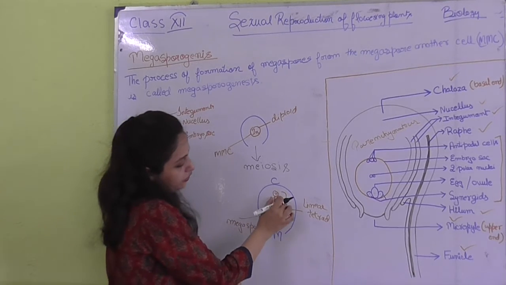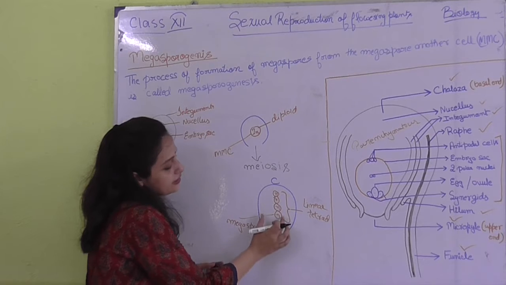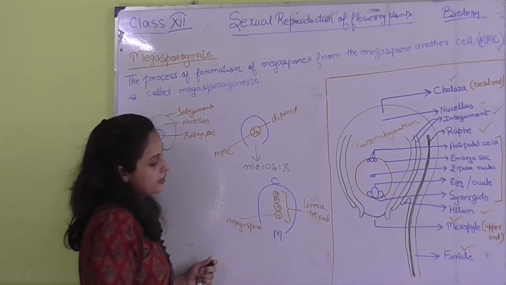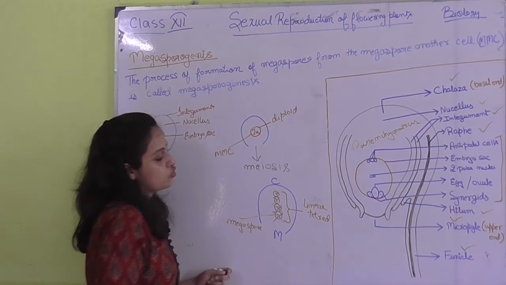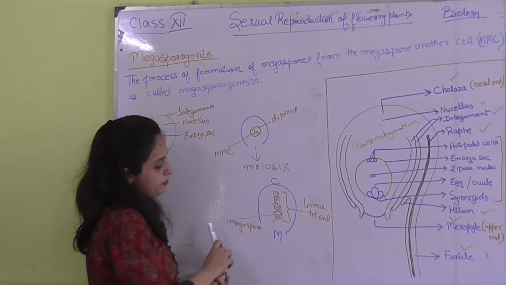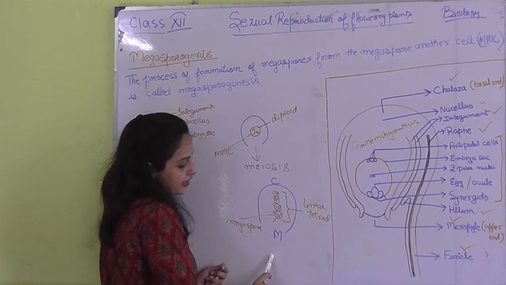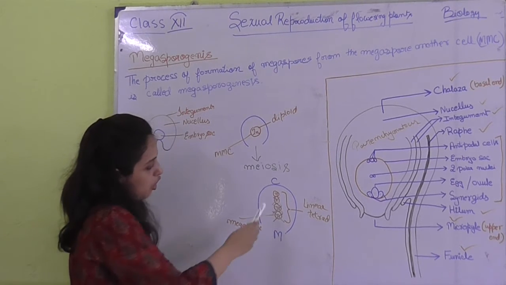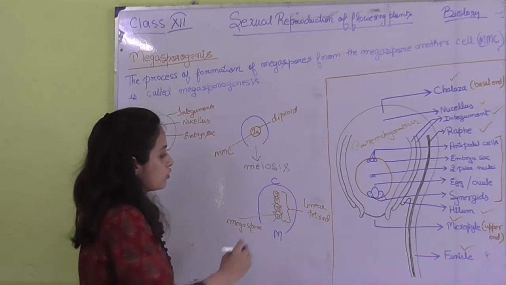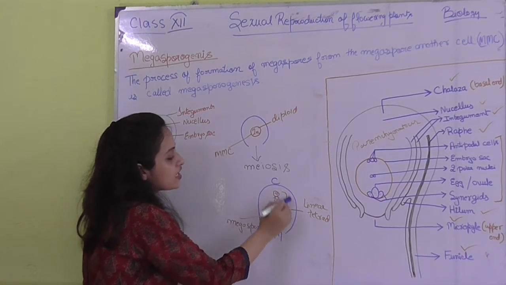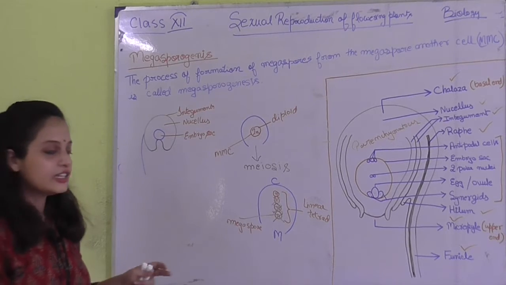These three megaspores that are near the micropylar end will degenerate. The megaspores near the micropylar end will degenerate, and the megaspore near the chalazal end will remain. So this is the only spore that remains, and the rest three degenerate.